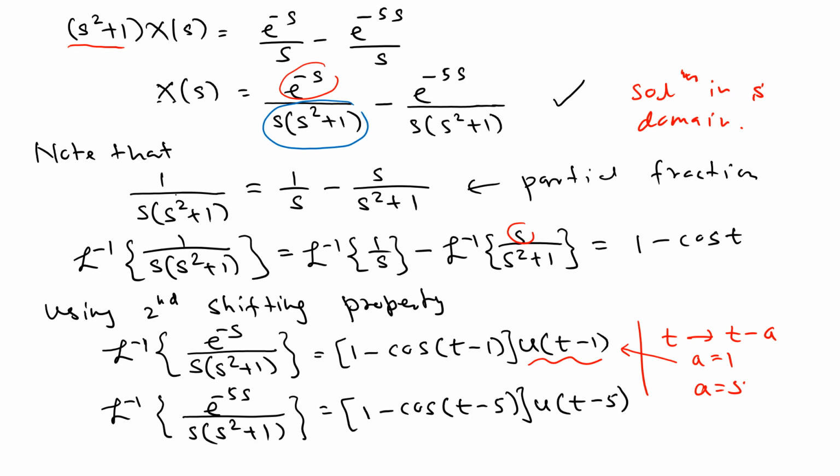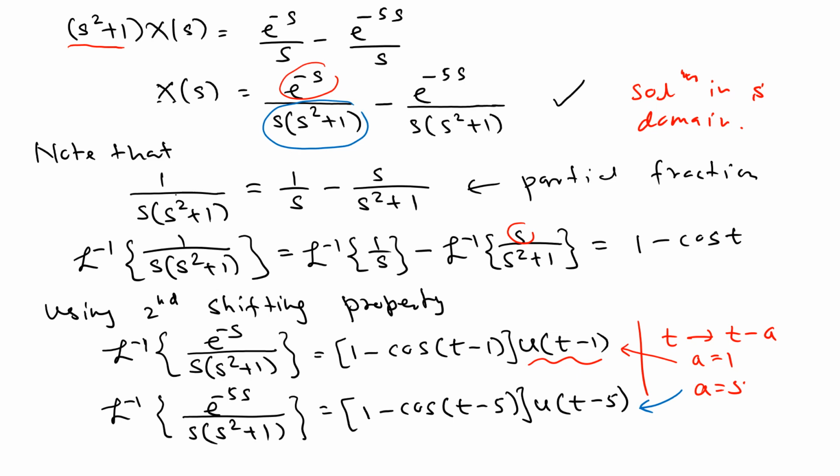That's where that's coming from. You can see it's not a difficult argument, and that's it. Those are the inverses of the two. So by taking the inverse Laplace transform, we can now write the solution.